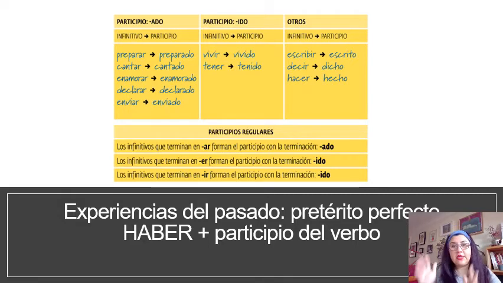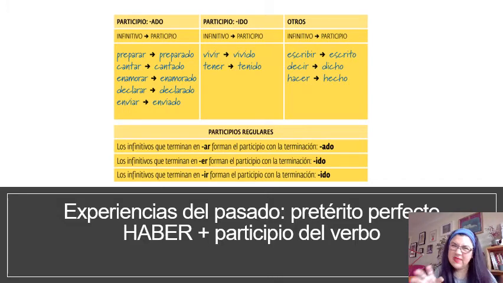It's built by using the corresponding form of haber plus the participle of the verb. Now, like I said before, the good news is that the participle of the verb, this ado, ido, etc., will be exactly the same for all the conjugations for yo, tú, él, ella, etc. Everybody will use the same participio. What changes is the auxiliary, the verb haber.